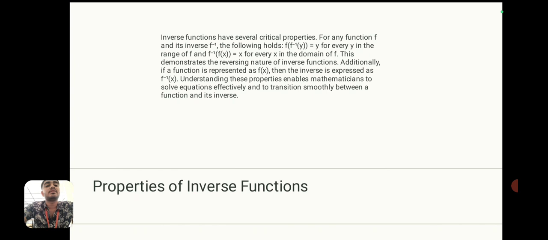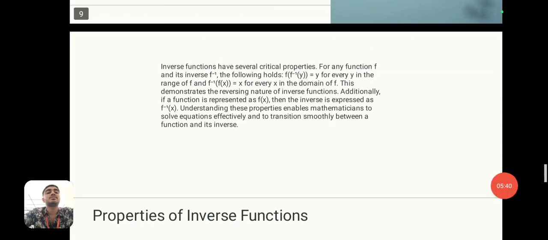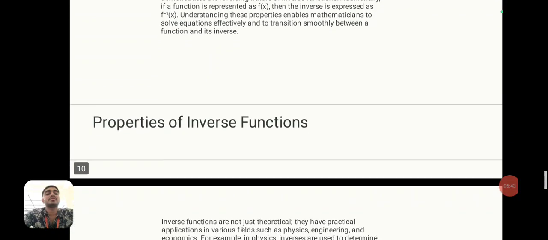This demonstrates the reversing nature of inverse functions. Additionally, if the function is represented as f(x), then the inverse is expressed as f inverse(x). Understanding these properties enables mathematicians to solve equations effectively and transition smoothly between a function and its inverse.